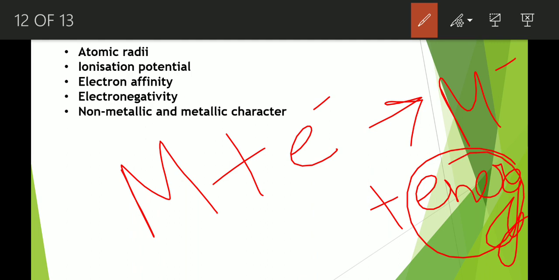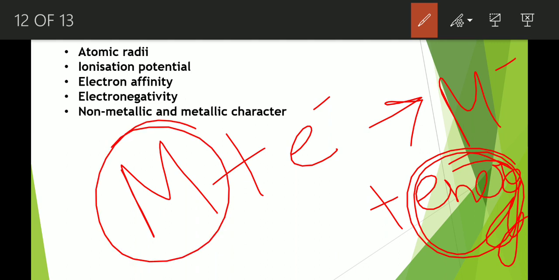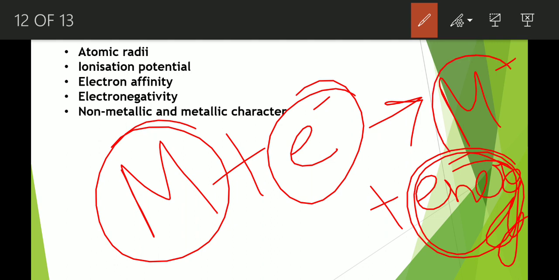That energy is electron affinity. So electron affinity is the amount of energy that is released when an atom accepts an electron to form an anion. This is basically an anion, uninegative. Clear?